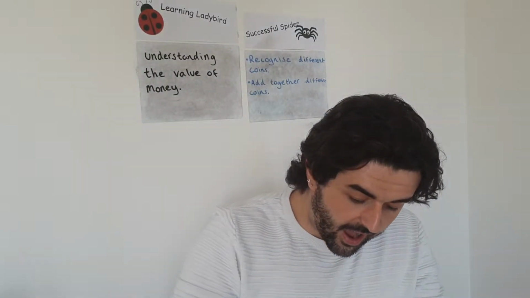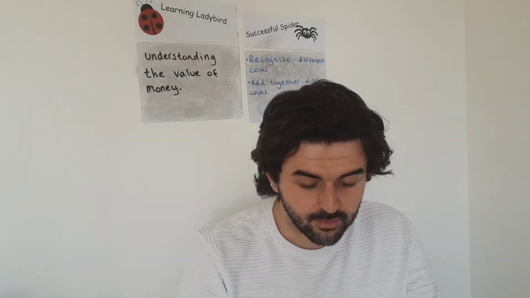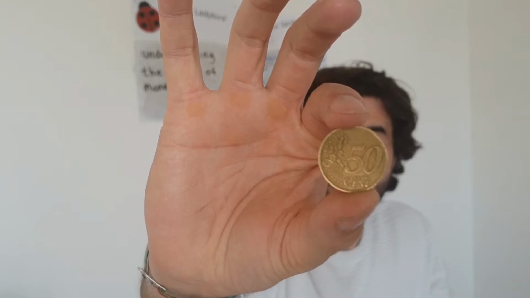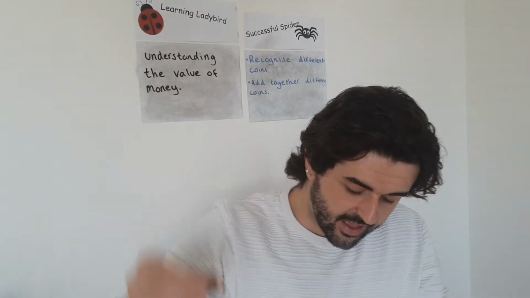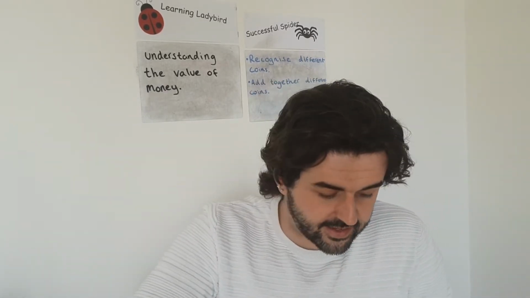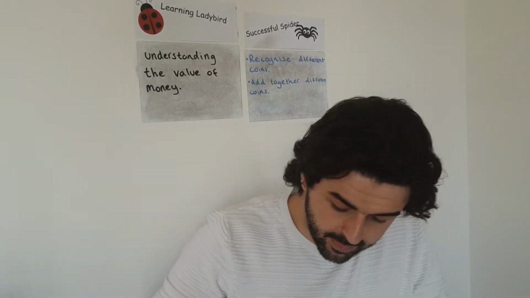Super. After the 20 cent, it jumps all the way up to 50 cent. Okay, so they're the coins that we are going to be looking at today, Year 1.